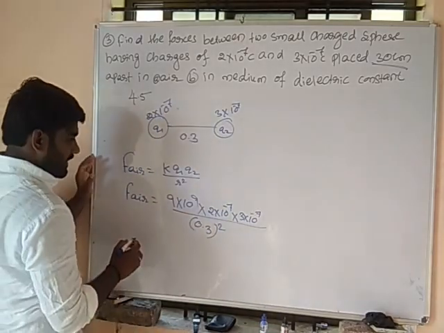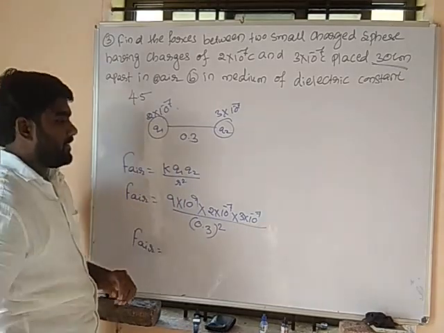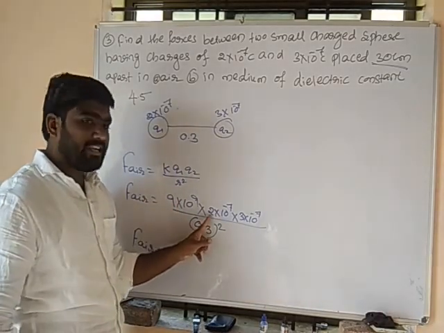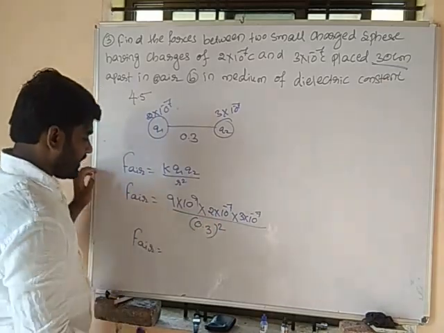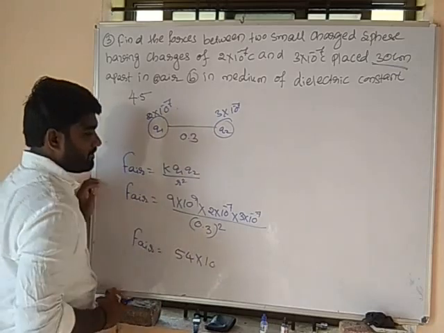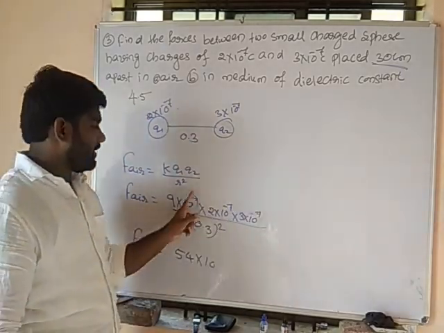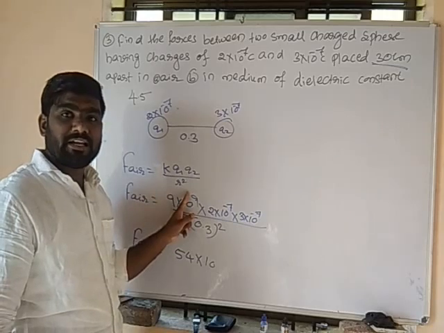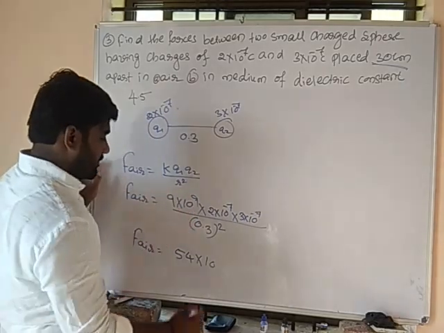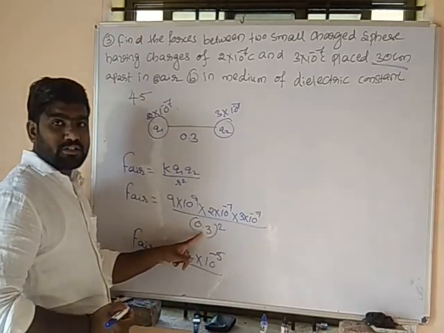Okay. Then this F air is equal to 9 into 2 is 18, 18 into 3 is 54 into 10 to the power 7 plus 7. It will be 14, minus 14 plus 9. It will be minus 5. Minus 5 divided by 0.3 whole square.